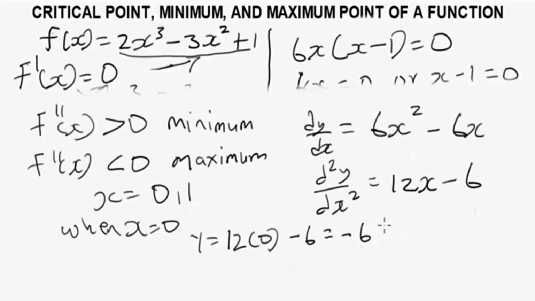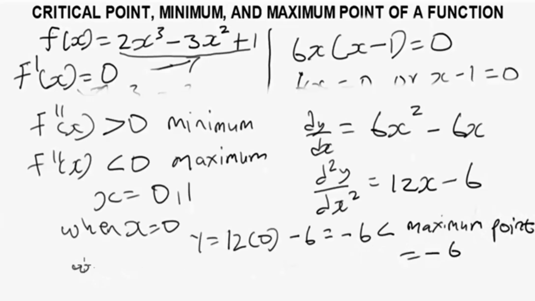And negative 6 is less than 0. That means we have our maximum point at minus 6. So the maximum point of the function equals minus 6.